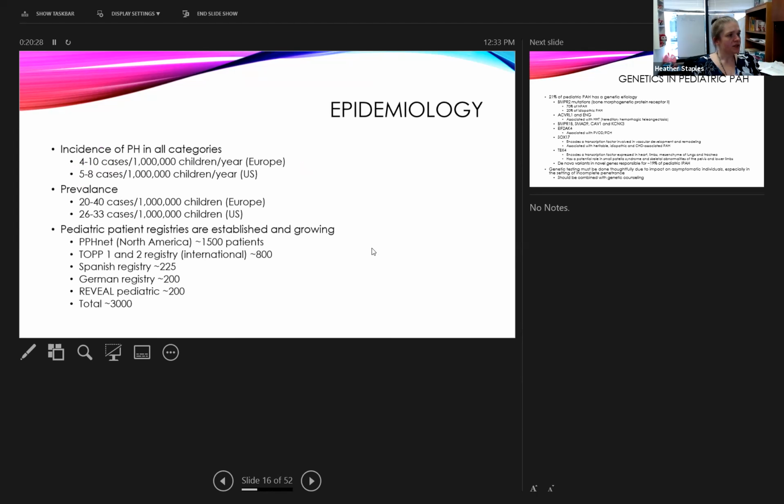So we'll back up just a little bit and talk about how common pulmonary hypertension is. It's not super common, but it's not so rare that you're never going to see it. You can see here, there are some slight differences, but not a lot, between the prevalence and incidence in Europe and the US.